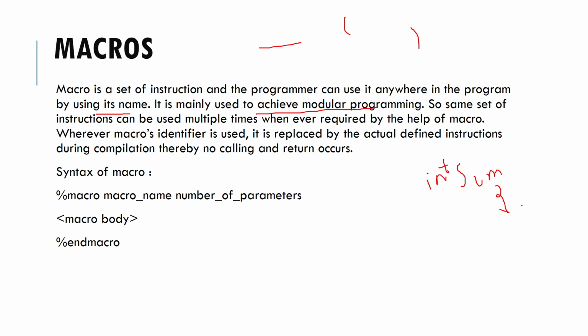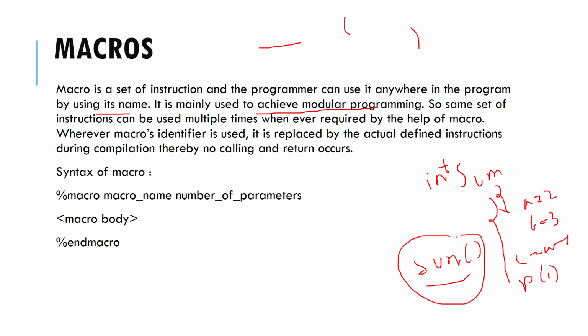We specify int a is equal to 2, int b is equal to 3, then c is equal to a plus b, then print c. Whenever we need such a block of code, we simply call sum with open and close brackets. This is the function definition, and here we simply call the function.